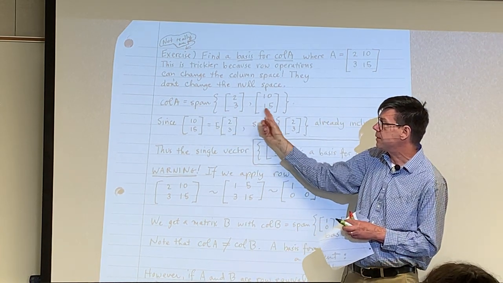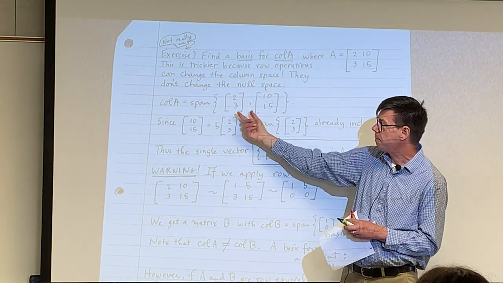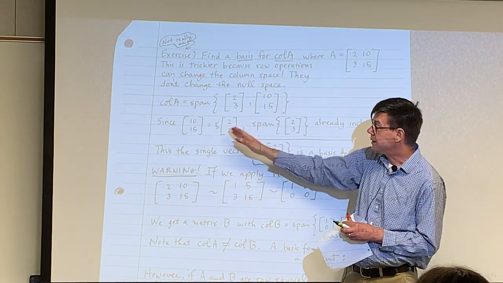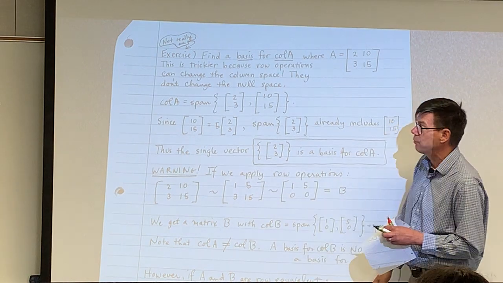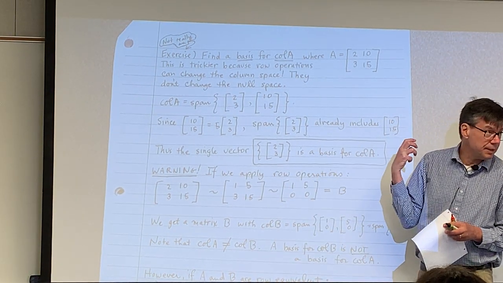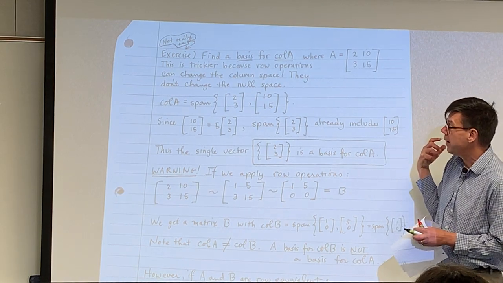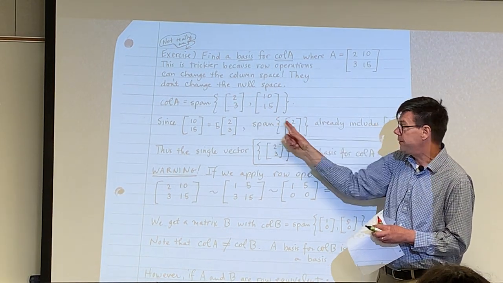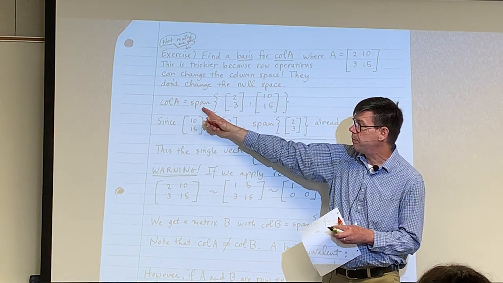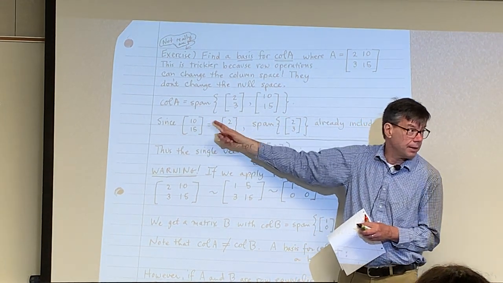Officially, the column space is the span of these two vectors, but they're not independent. It's easy to show one depends on the other, one's a scalar multiple of the other, so we can remove 10, 15 from that spanning set. What's left is just 2, 3. Its span will still be the column space of A, right?